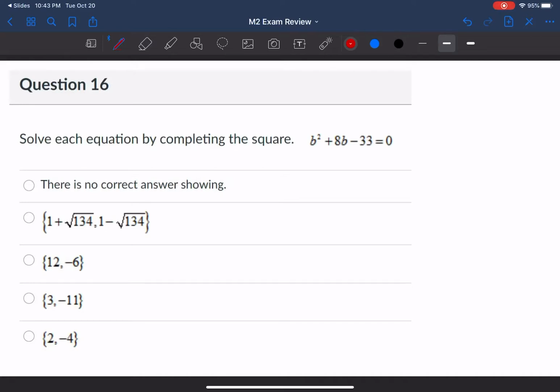So the answer, you can use either quadratic formula or completing the square, but the answer should be negative 11 and 3. Okay, I'll skip this step.